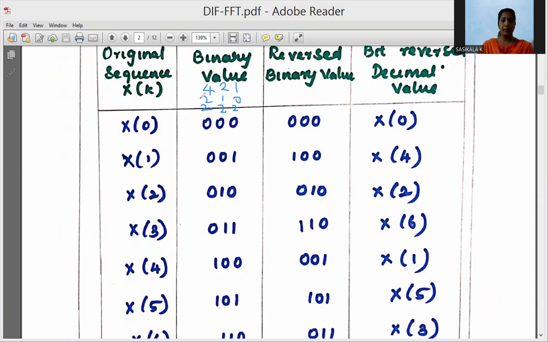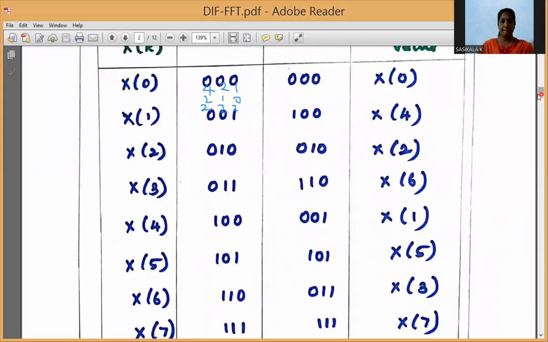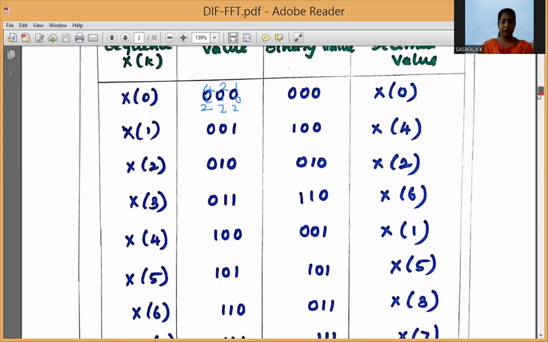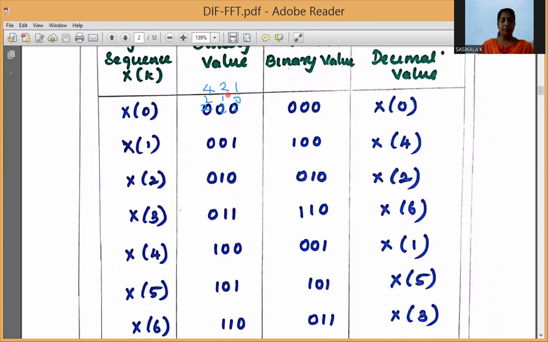So here 1 means 1 0 1 0 1 0 1, this is the least significant bit. 2 power 1 is 2, so in the next significant bit it can be written as 2 zeros, 2 ones, again 2 zeros, 2 ones. And 4 means write 4 zeros and 4 ones. So this is the 4 2 1 code.